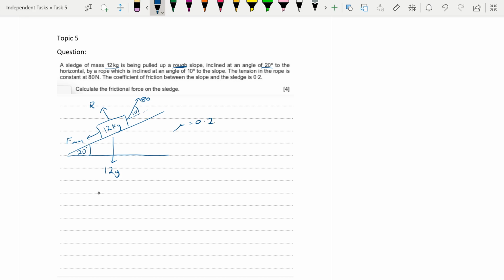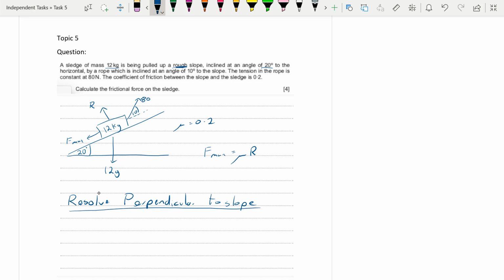For the frictional force, I've got F max is mu R. I know what mu is, I don't know what R is, so I need to calculate that. To calculate that, I'm going to resolve perpendicular to the slope. So going up and going down.